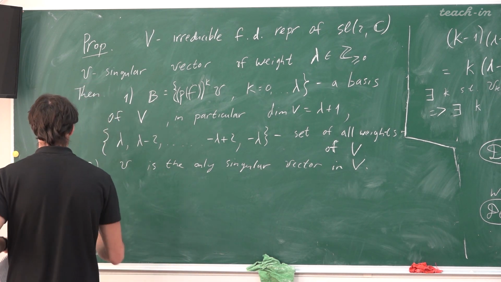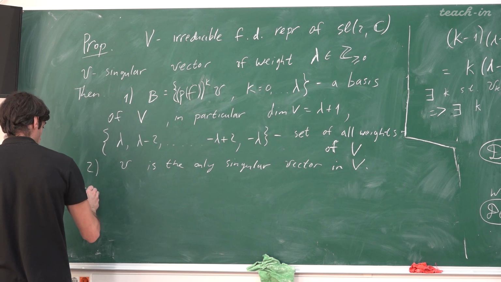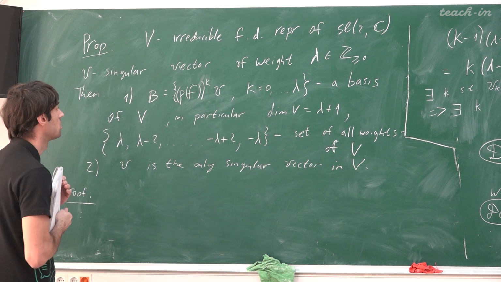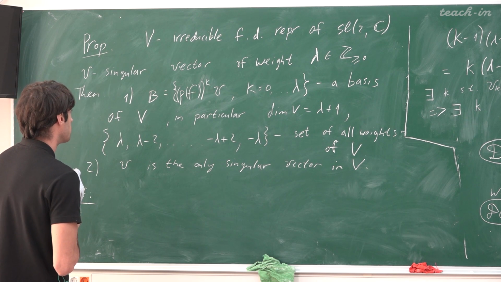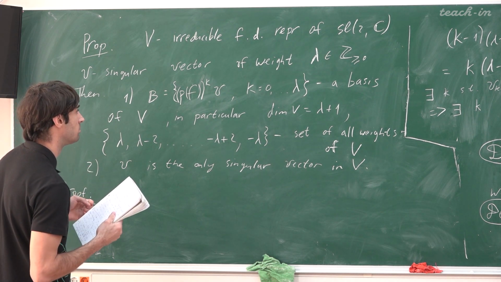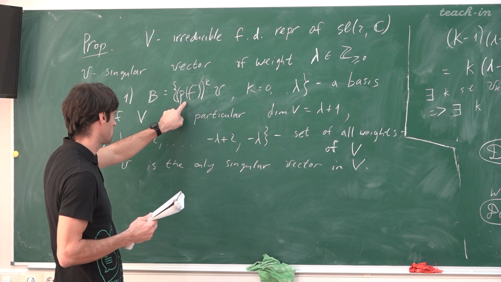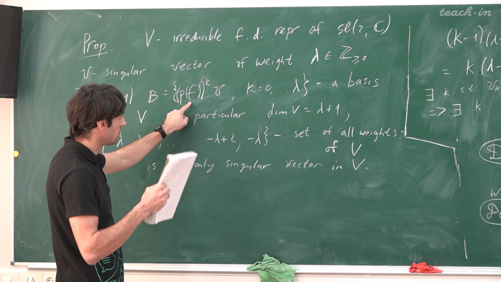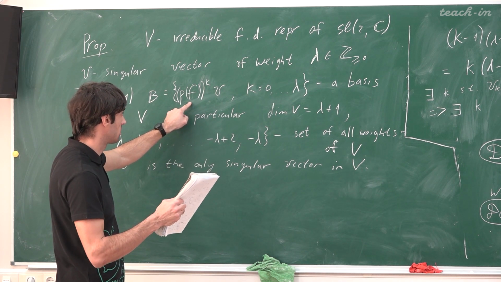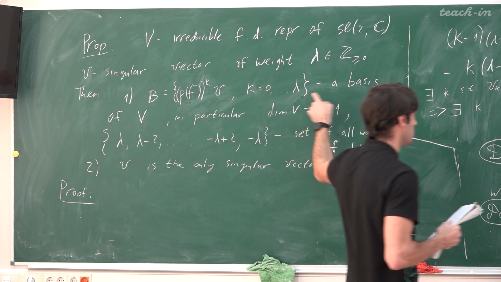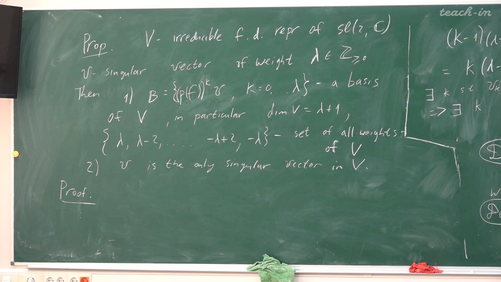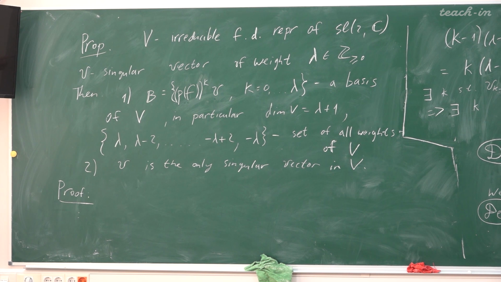Let's see accurately how it follows from what we learned so far. You take v and start applying F, and lambda plus 1 is the first v k where we obtain 0. v k minus 1 is not 0, but if you take k equals lambda plus 1, then you get 0.